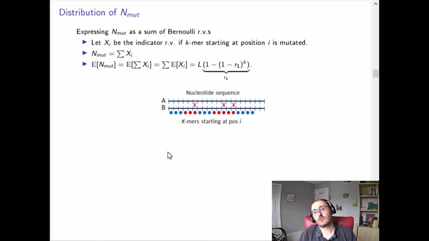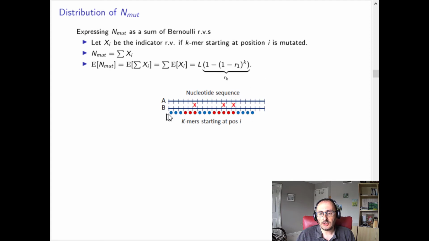Now let's look at the distribution of n-mut, because this is a starting point for a lot of analyses. We can express n-mut as the sum of Bernoulli random variables. In this case, we let xi be the indicator random variable, in other words, it's 1 or 0, that indicates that the kmer starting at position i is mutated.